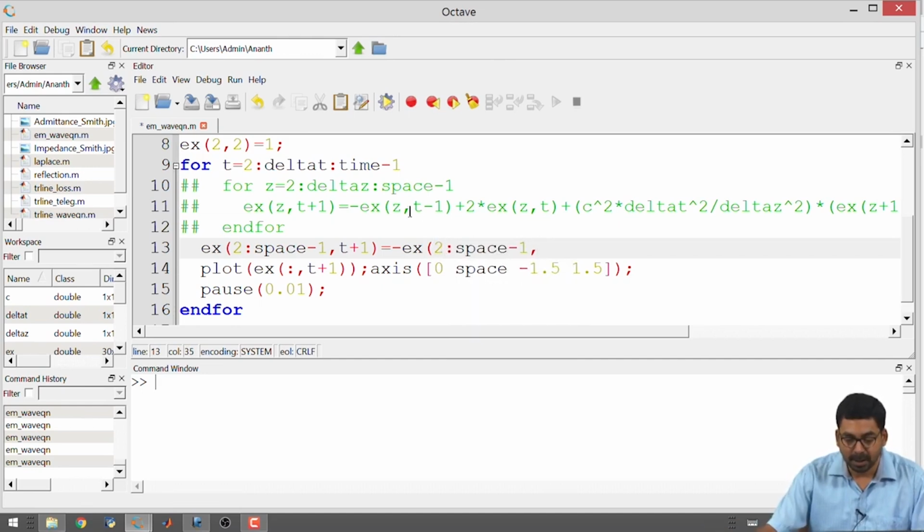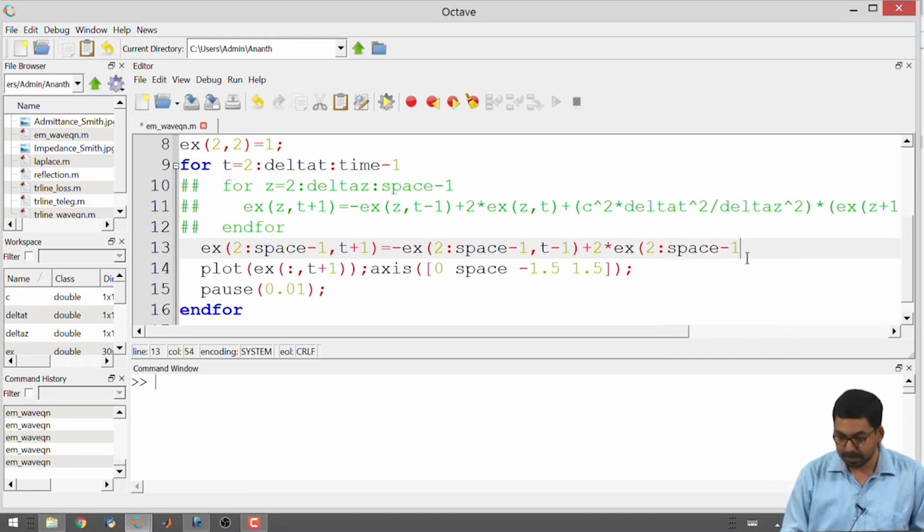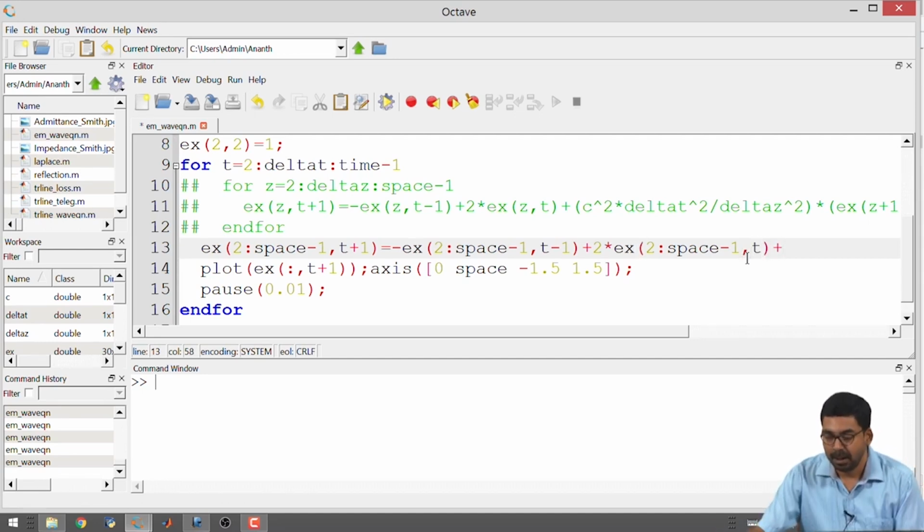Comma, then I have a time indicator of t minus 1, plus 2 times Ex of z comma t. Z is being substituted with 2 colon space minus 1, and comma t plus I have c square delta t square by delta z square. So I am just going to copy this term.